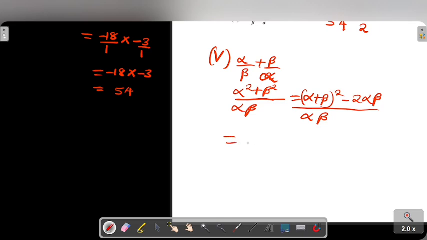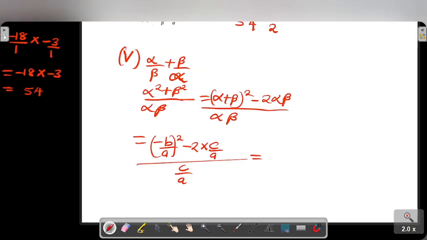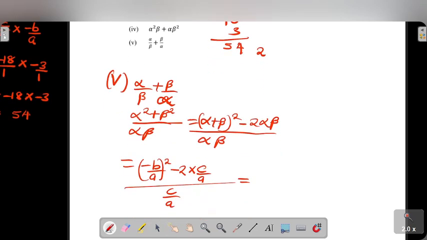Then we have the property now. So alpha plus beta, that's negative B over A. Then remember that is squared, then minus 2 times alpha beta. The property is C over A there. Then over alpha beta, that's C over A. So now we need to go back and check.